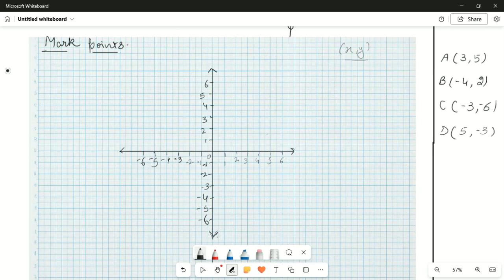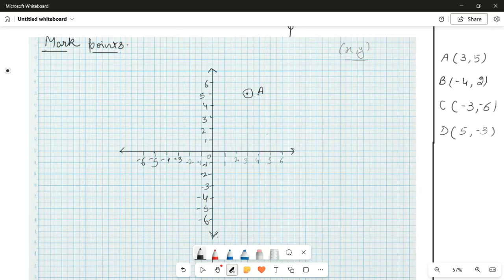So here, this is point A. On the y-axis upwards, we have moved 5 units: 1, 2, 3, 4 and 5. On the x-axis, we have moved 1, 2 and 3 units to reach point A.